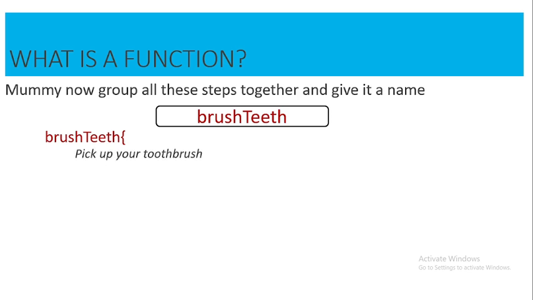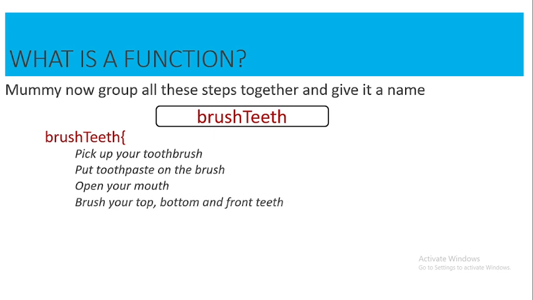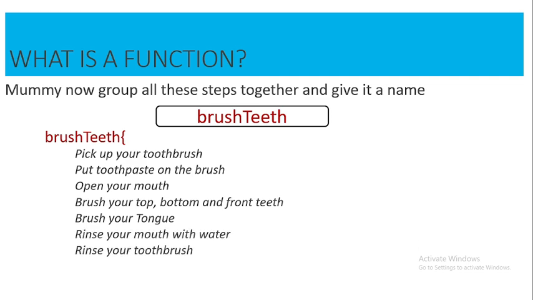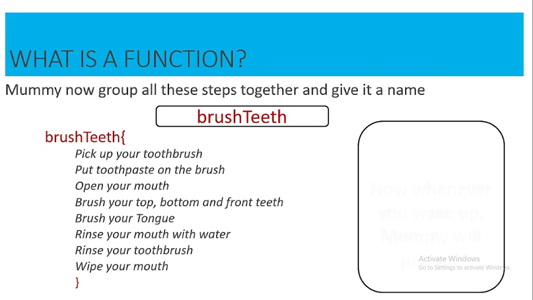You pick your toothbrush, put toothpaste on the brush, open your mouth, brush top, bottom, and front teeth, brush the tongue, rinse your mouth with water, rinse your toothbrush, and then the last one, wipe your mouth. So to group these steps all together, we mark them with the name brush teeth.